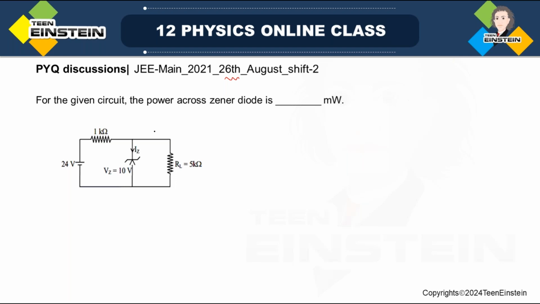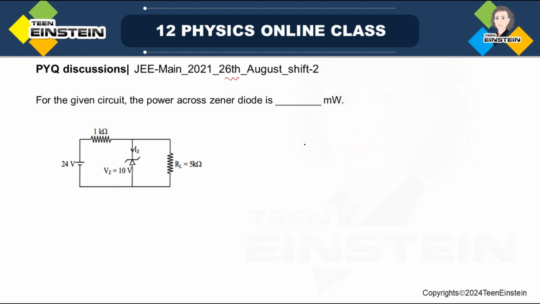So this is a very common question you see on the screen from the semiconductor chapter. This is with a Zener diode, and this particular circuit is very important. As you know, a Zener diode is used as a voltage regulator.